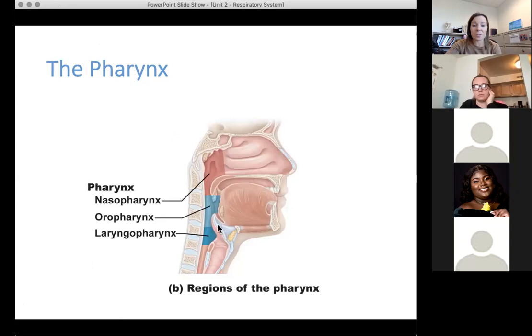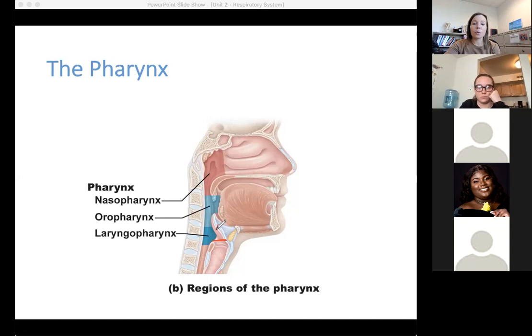Do you guys see this thin line of blue? That represents the epiglottis. So this can fold down and basically cover this opening here. It covers the glottis.